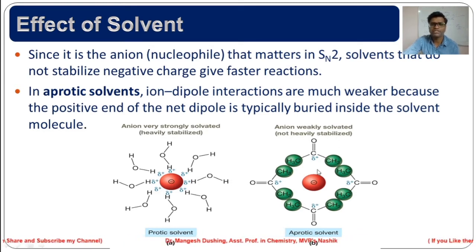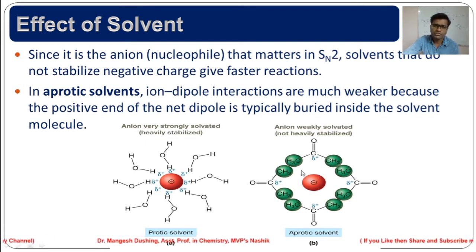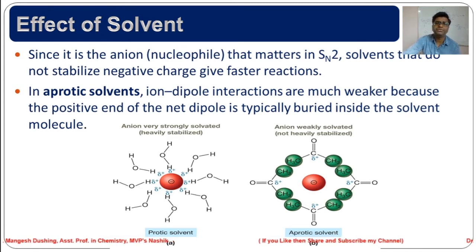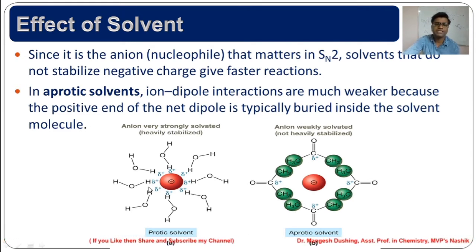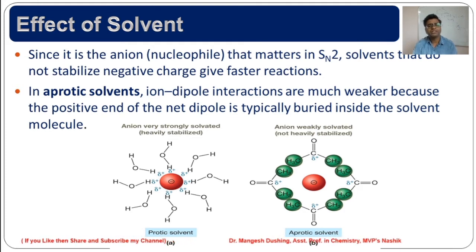There are no exchangeable protons, so there is no hydrogen bonding. So this nucleophile becomes more reactive, free to attack. That's why the SN2 reaction rate is higher in polar aprotic solvents, while it decreases in protic solvents.